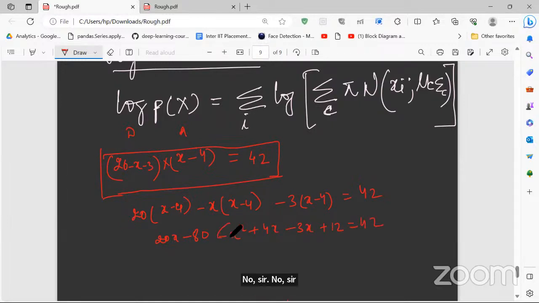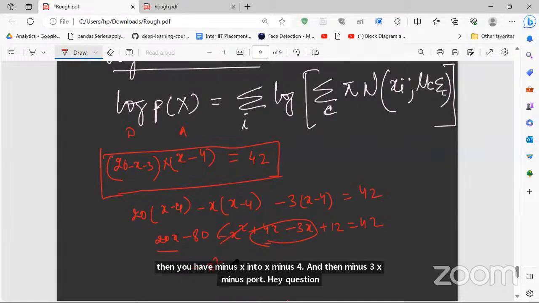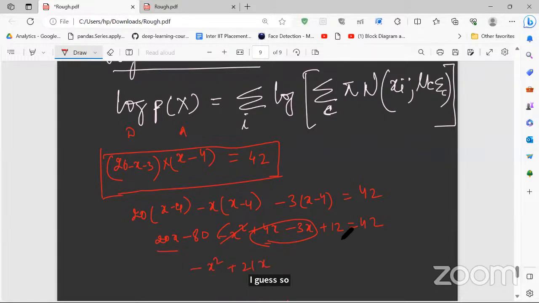So you are getting minus x square, then 20 plus 4 is 24, minus 3 is 21, so 21x, and then minus 110 equals 0. You can solve this, I guess.